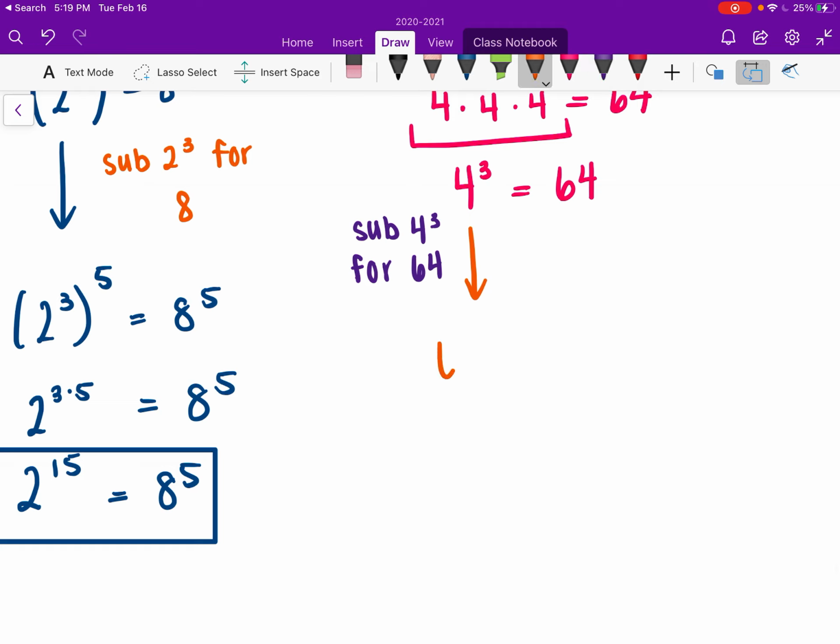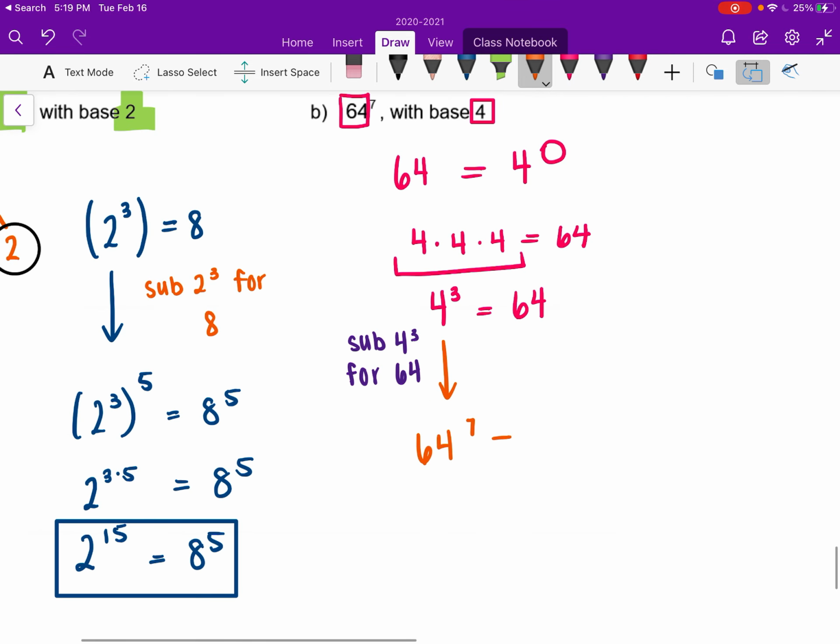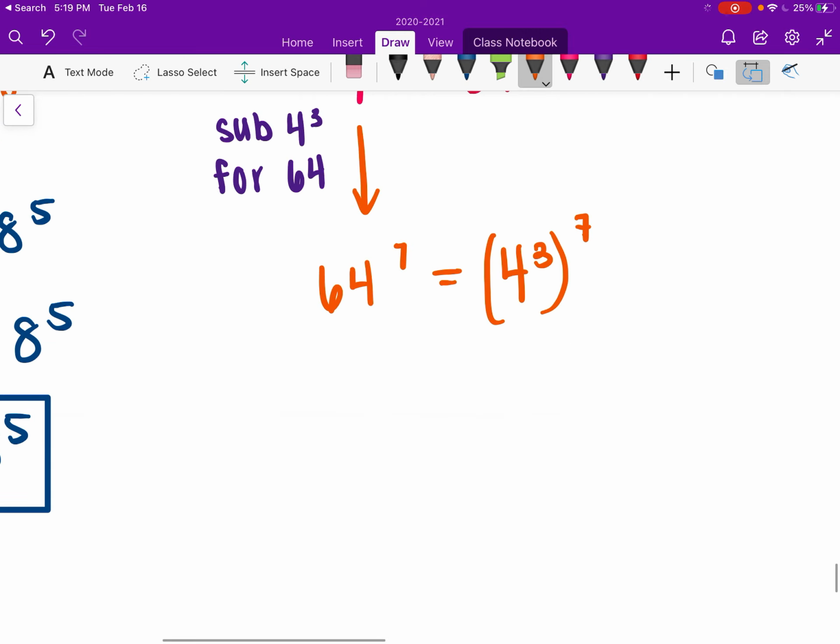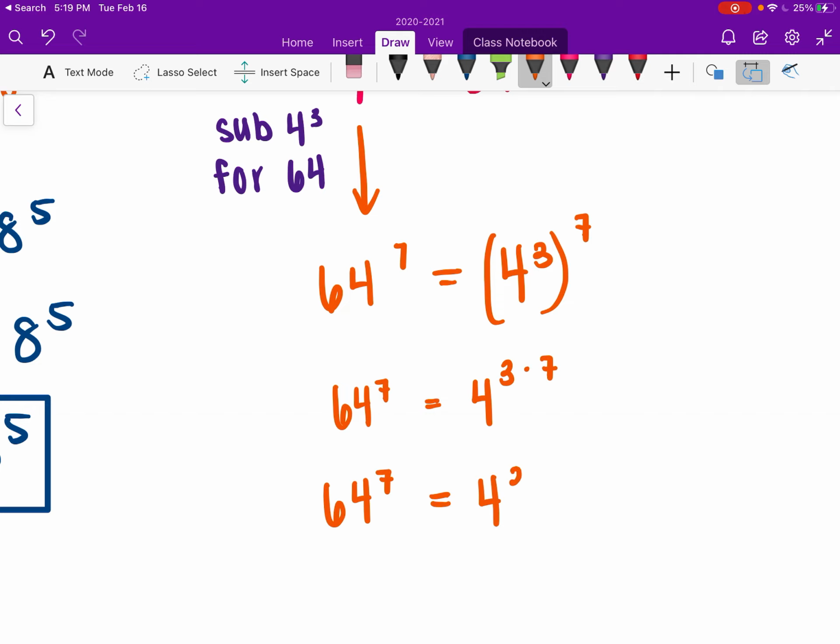So let's do 64 to the power of 7 equals 4 to the power of 3, which is 64, to the power of 7. And then let's just multiply. That's a power to power, so I'm going to do 3 times 7. So 64 to the power of 7 equals 4 to the power of 21.